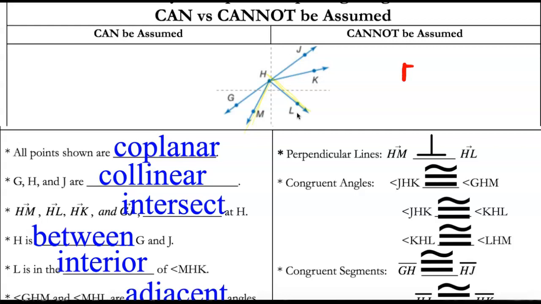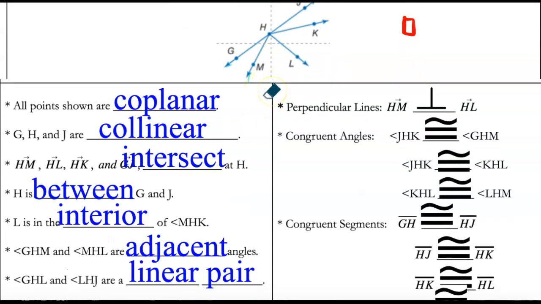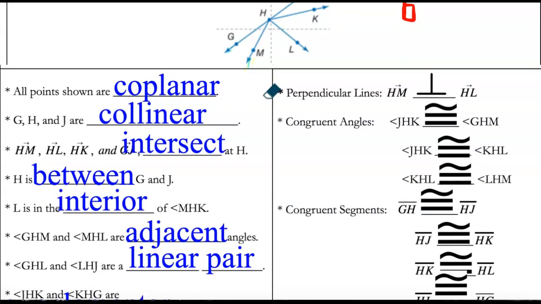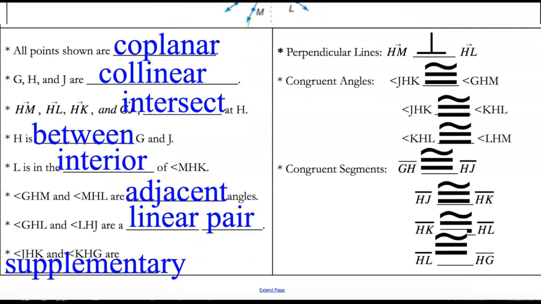We also can't say that angle JHK, this angle here, is congruent to this angle. We cannot just assume that those are congruent. And you can go on with all the other things here that we cannot prove because there aren't any markings. There would have to be markings on the graph to indicate those things.